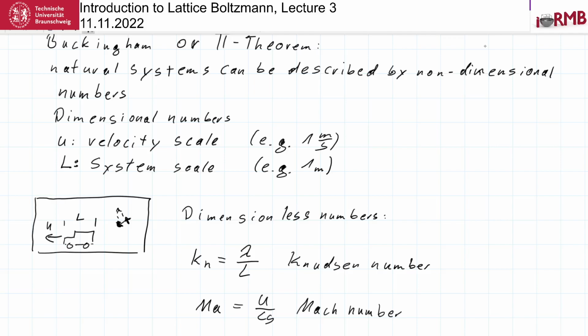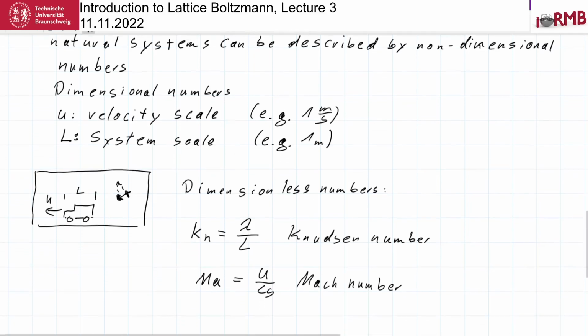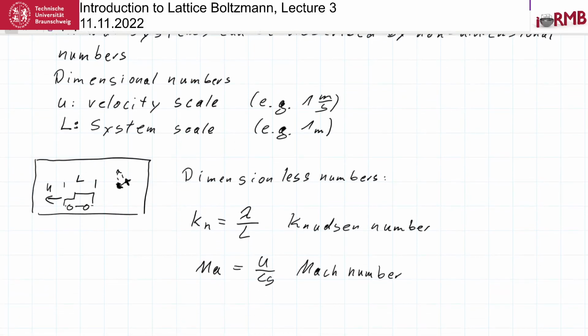Okay, now we can write our other parameters. Our parameter lambda, which of course is a dimensional parameter, we can write as Knudsen number times the length of the system, and Cs is u divided by the Mach number.